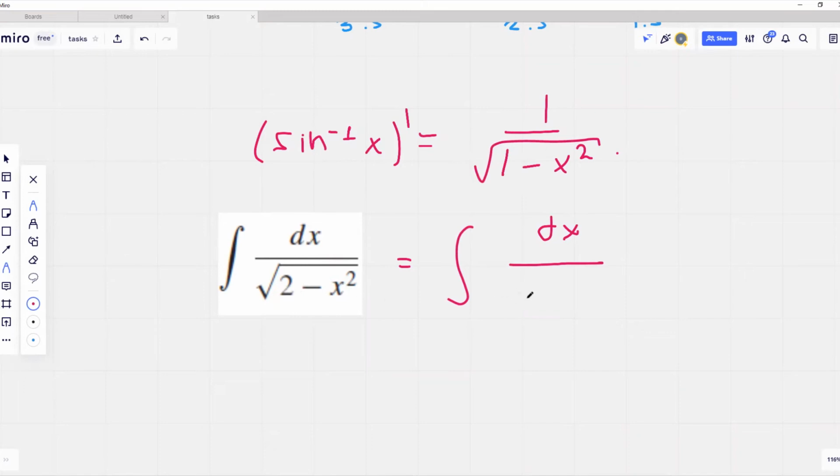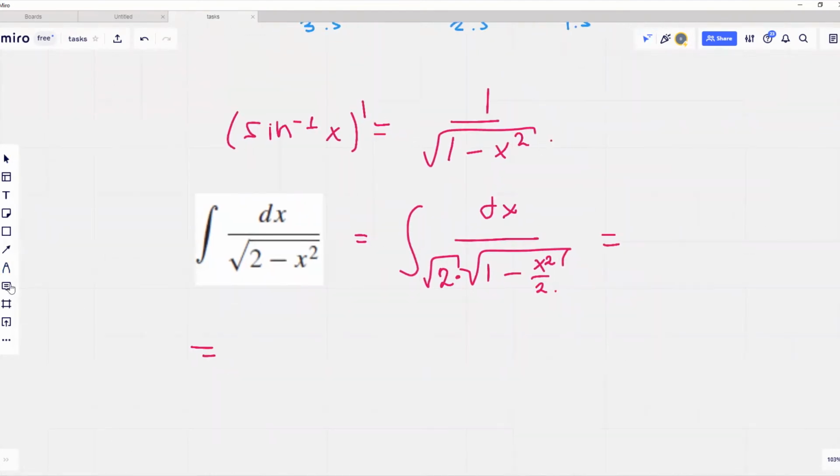So we'll have the square root of 2 times the square root of 1 minus x squared over 2. Then if we multiply those two, we'll get the same expression.